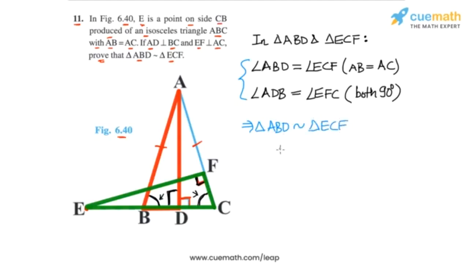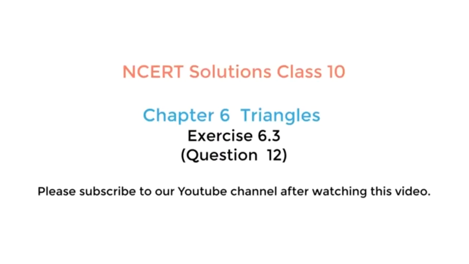And the reason for this similarity is the AA similarity rule or AA similarity criterion. Okay, so this is what we had to prove. Triangle ABD similar to triangle ECF, and this completes question number 11.